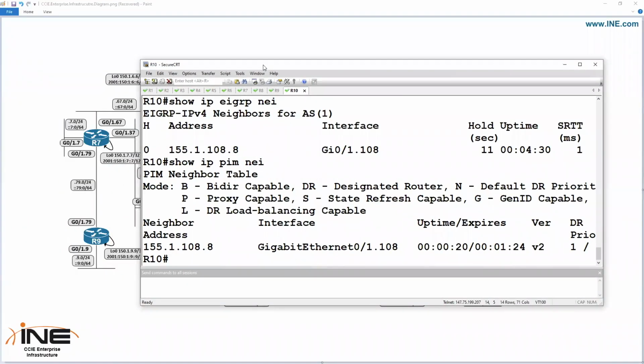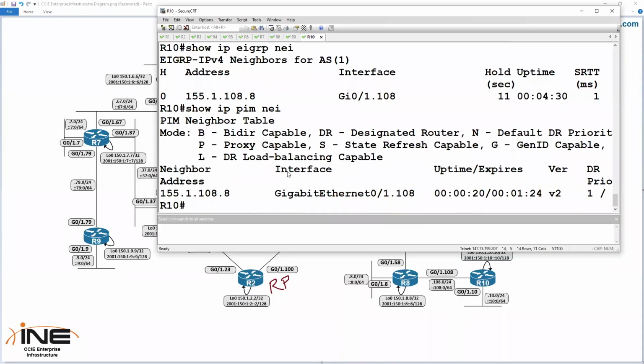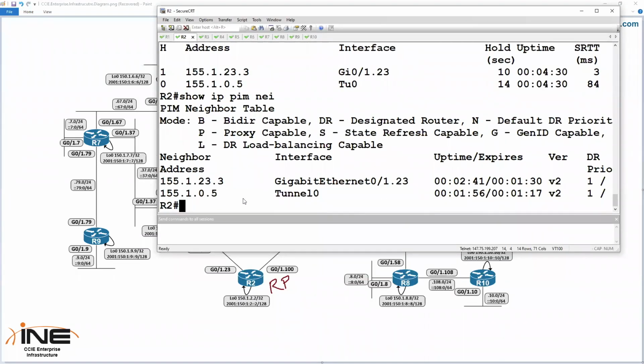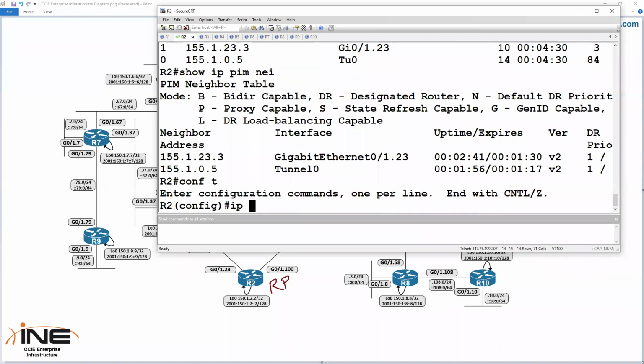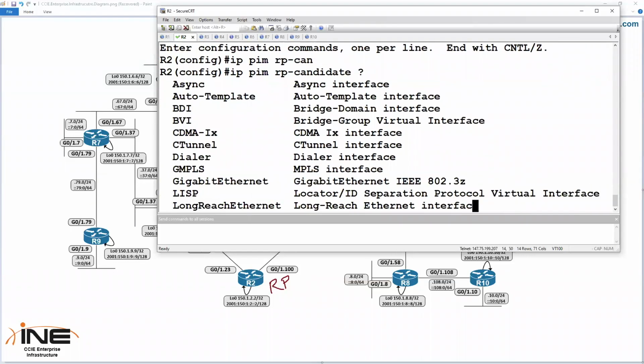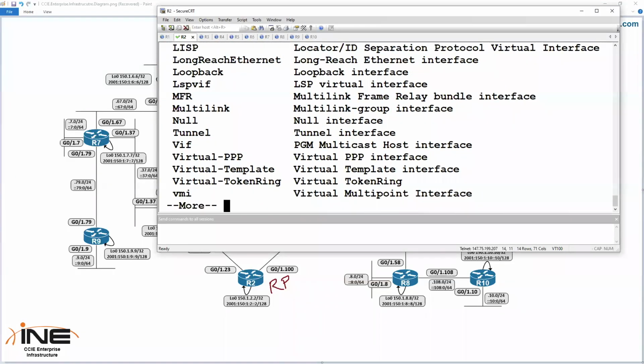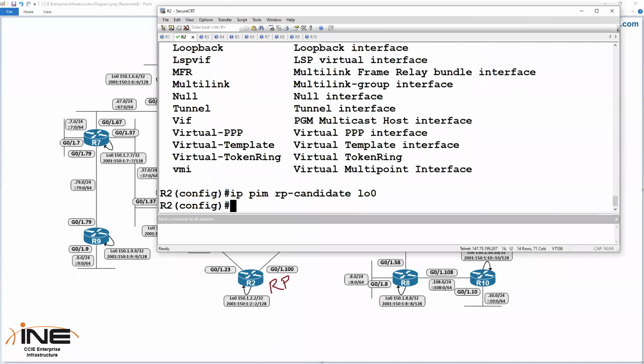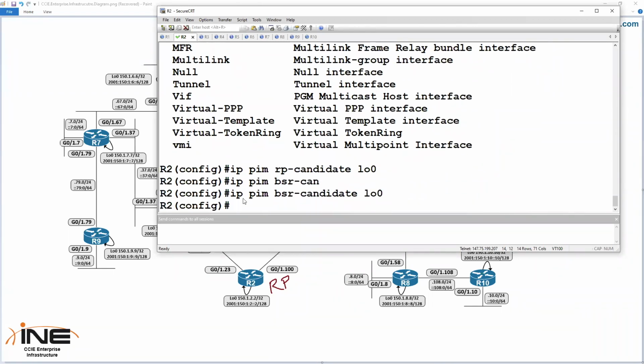Okay, so on router 2, we're going to go to global config, and we're going to say IP PIM RP candidate, and we're going to advertise our loopback 0 as the RP candidate, and IP PIM BSR candidate likewise as the loopback 0.